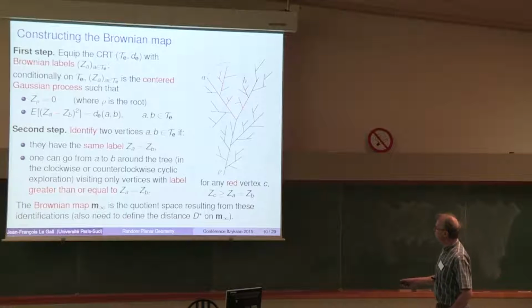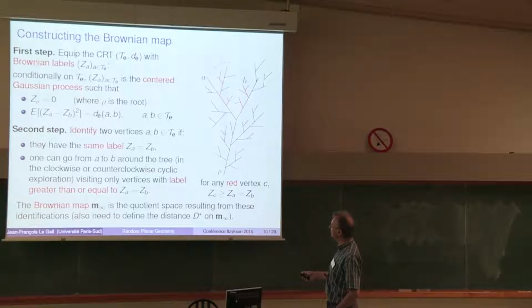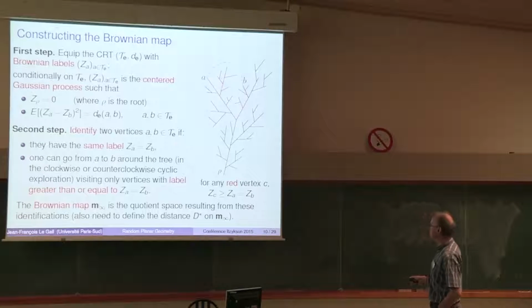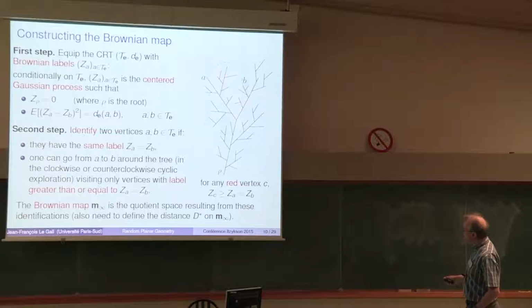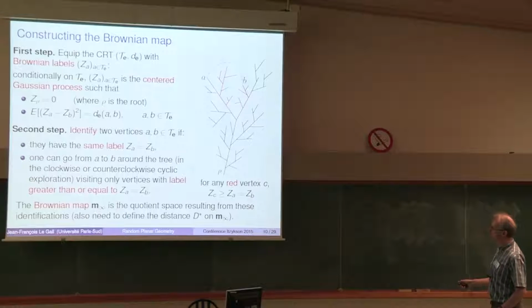And if you look at the variance of the increment of the labels between two vertices a and b, this will be simply the distance between a and b in the tree. Okay? It just means that if you move away from the root, following a segment of the tree, your labels evolve like linear Brownian motion. In fact, it's true for any segment of the tree. Okay? So this is the first step. You assign labels to vertices of the CRT.